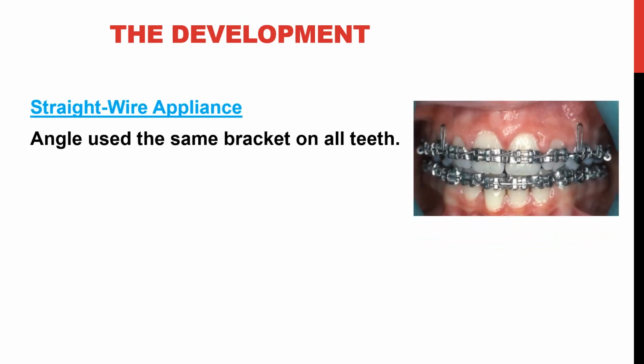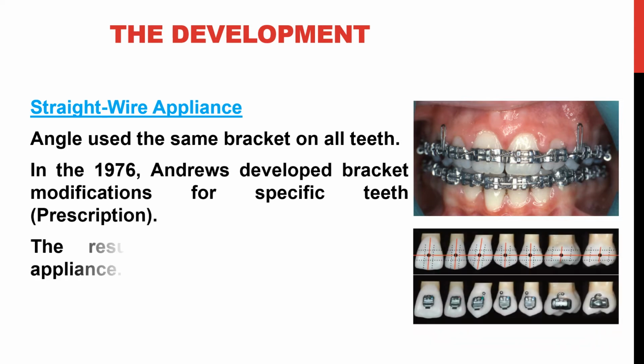So, how did the straight wire appliance evolve? At the time of Angle, the same brackets were used on all teeth, meaning that we can use the bracket on the central, the lateral, the canine, premolars, or even the molars. In 1976, William Andrews developed bracket modification for specific teeth, which would later be known as prescription.